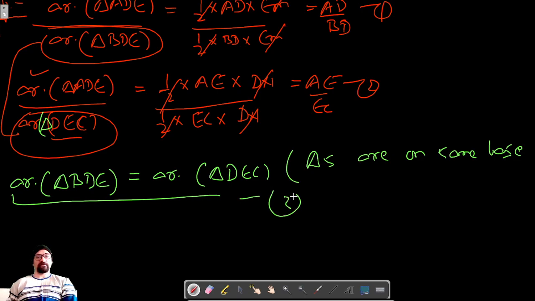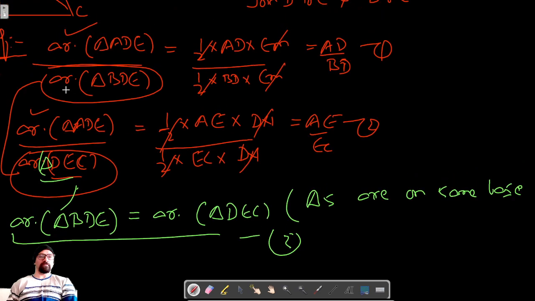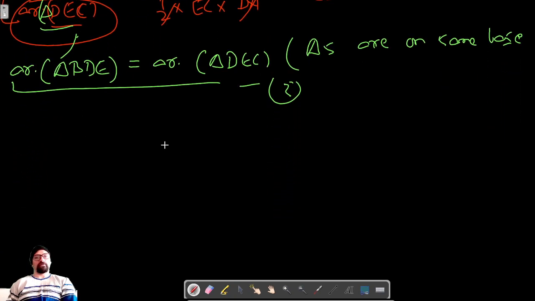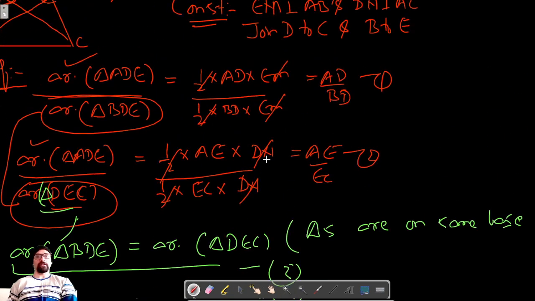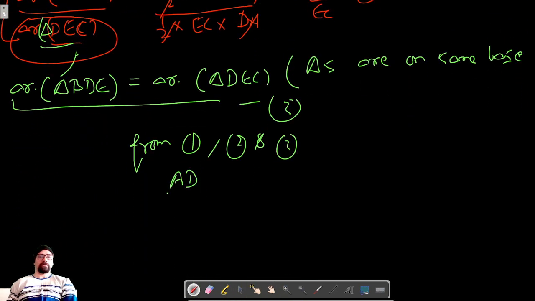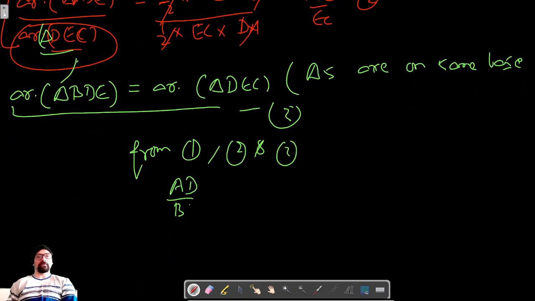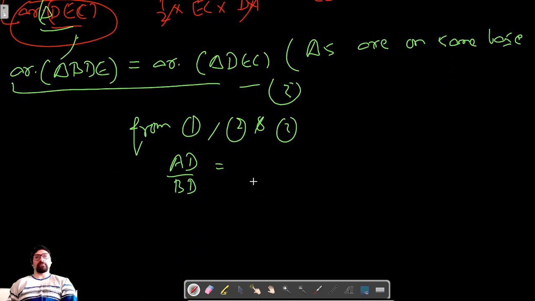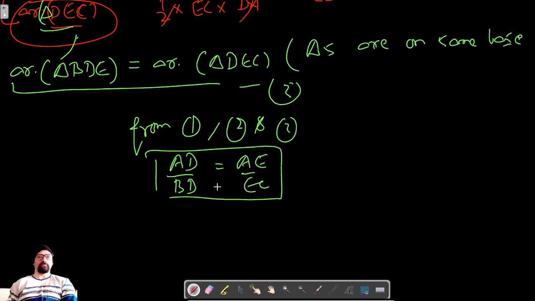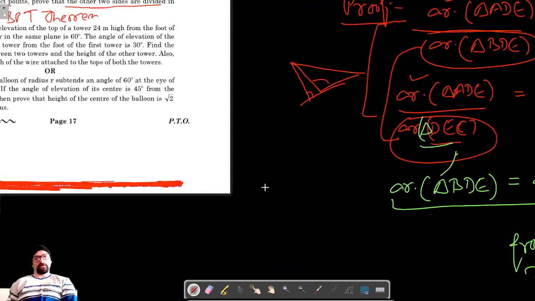So now DEC will be replaced by BDE, and once it's replaced, the LHS will be equal, and this will make the RHS equal. So from equations 1, 2, and 3, AD upon BD is equal to AE by EC, and this proves our BPT theorem.